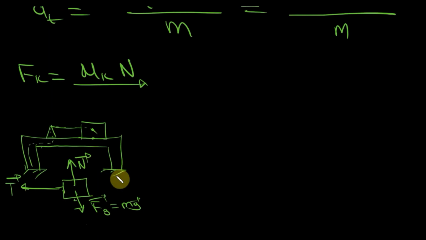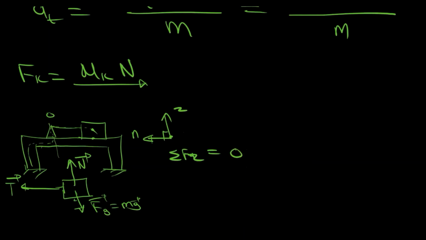Okay, so from here, taking summation of forces, this is towards the center. This is where the pivot point is. So this is our normal, and that is our z, and into the board is our tangential coordinate. Taking summation of forces in the z direction, there is no acceleration.